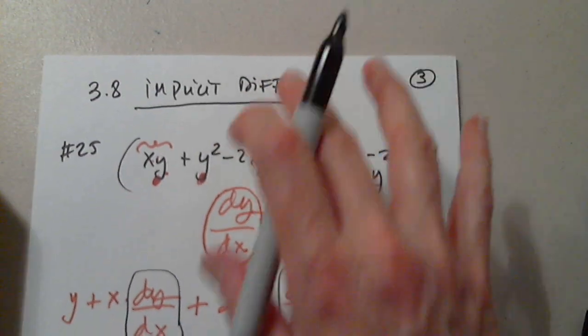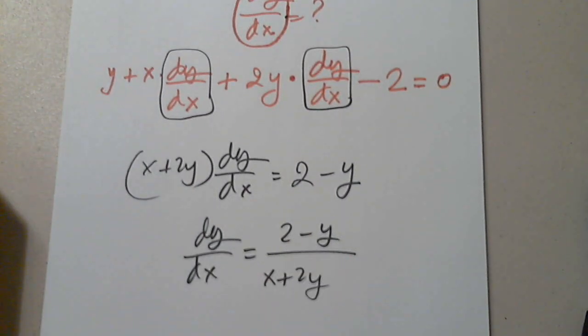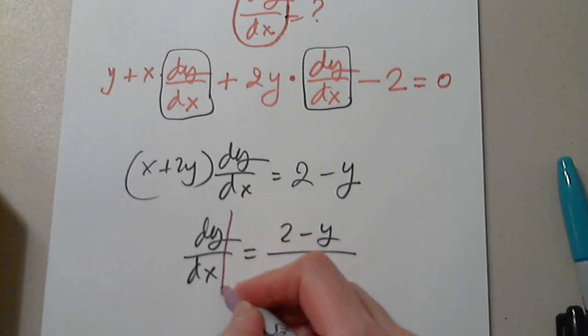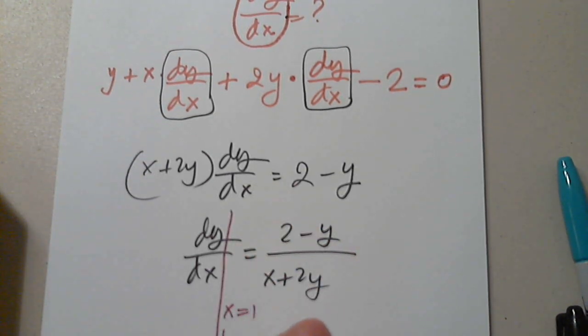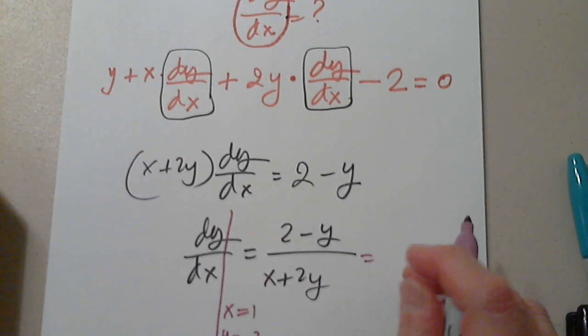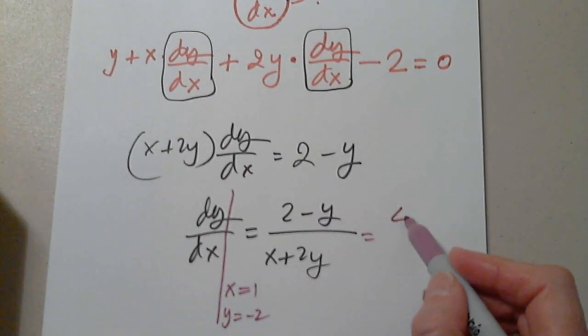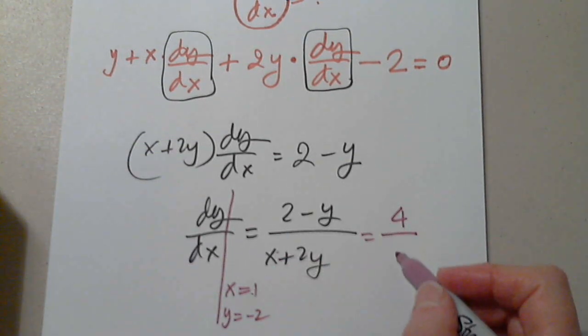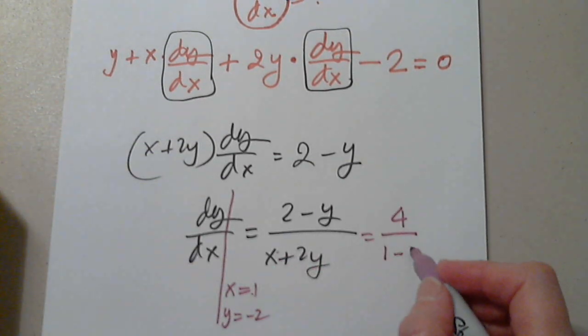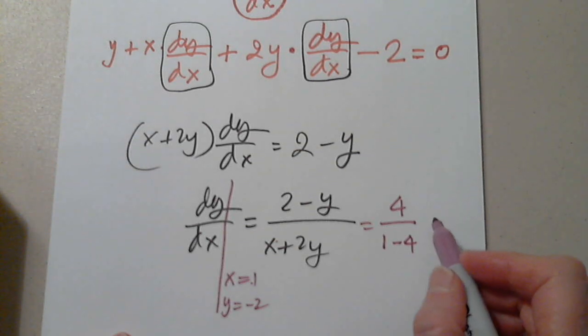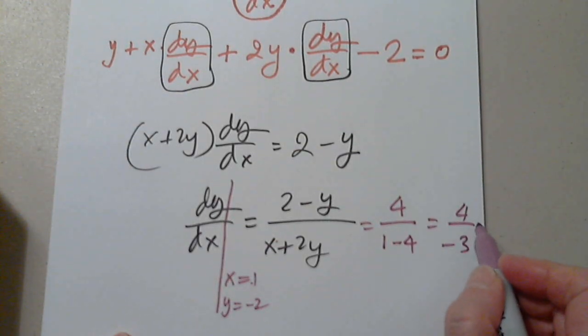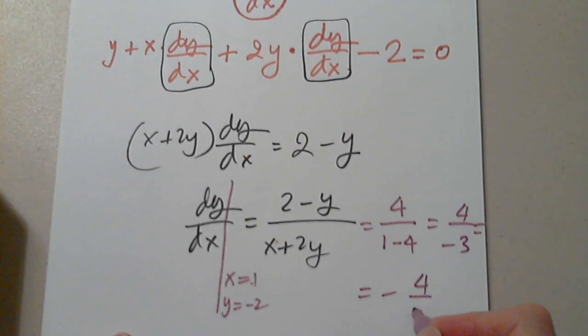Here's how we write it. Two minus negative 2, 4, over 1 minus 2 times 2, which is 4. So this is 4 divided by negative 3, or negative 4/3.